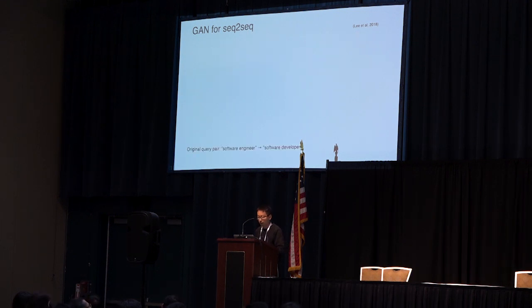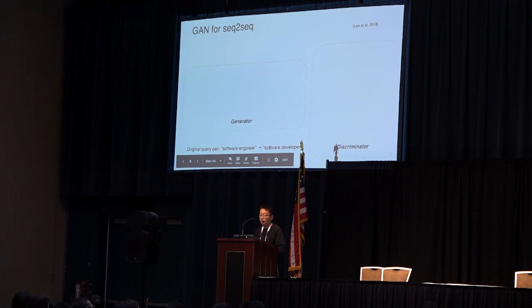And so this is an example. I'm going to illustrate how GAN resolves the discrepancy. The original query pair is, assume, software to software developer. The GAN has two parts, the generator and the discriminator.